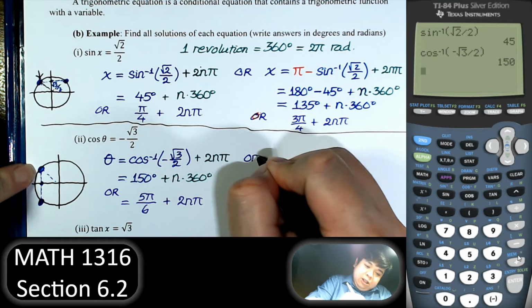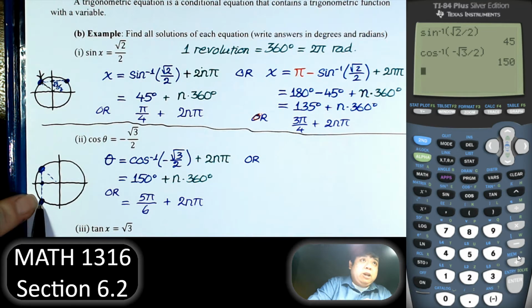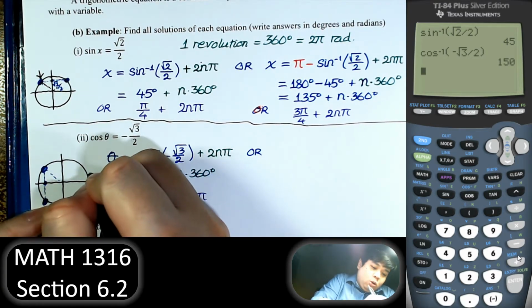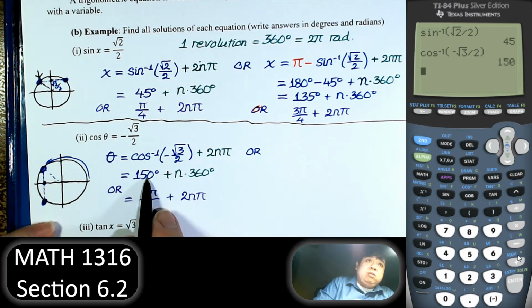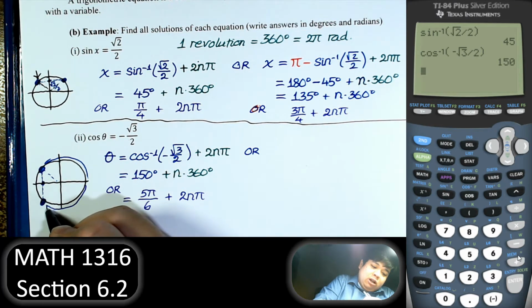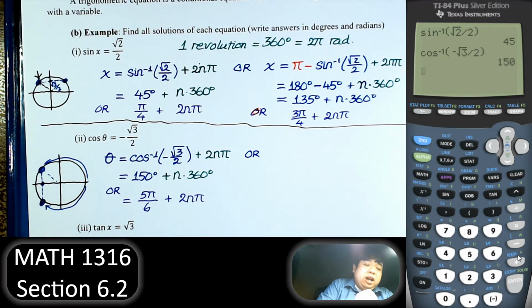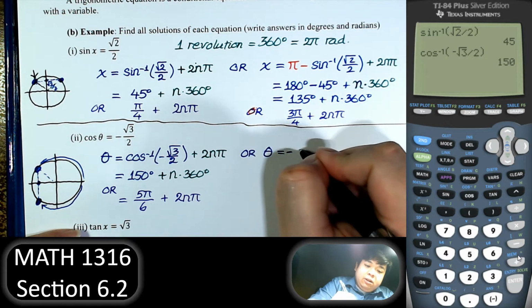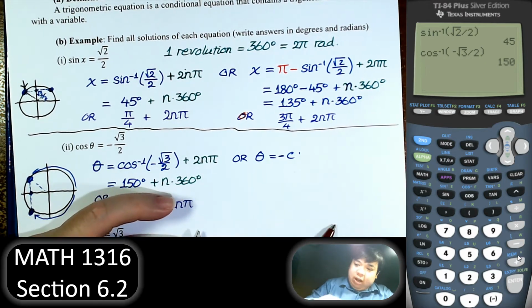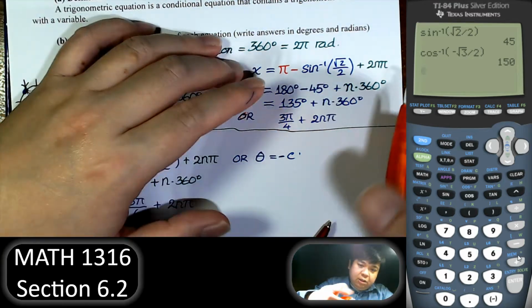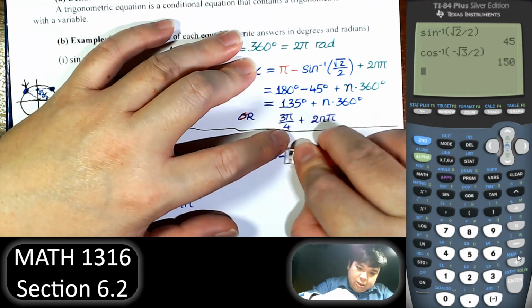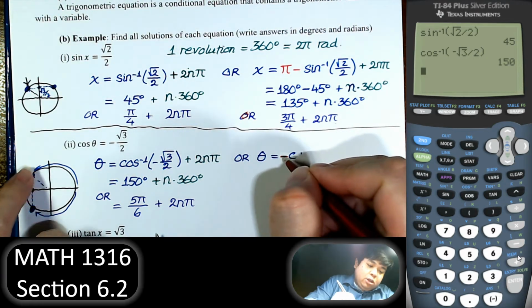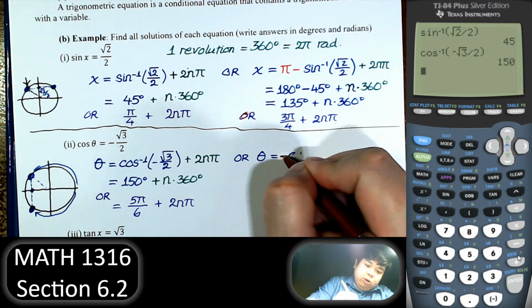Now, we also have the solution over here. Those 2 points have the same x values. So in that case, if this is a positive angle, like 150, we just need to go in the opposite direction and get to negative 150. So theta will be equal to negative, I should emphasize this, because those 2 points have the same x values, the positive or negative angle.